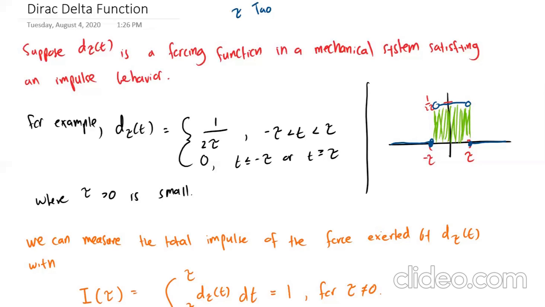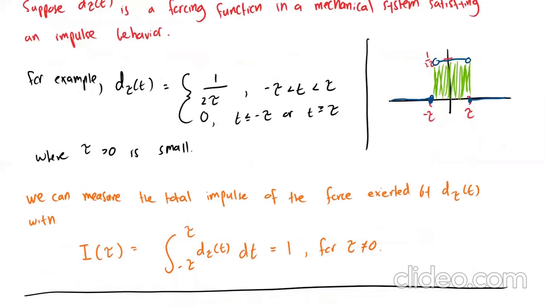Well, just calculate the integral from negative tau to tau of this function. It's 0 outside of that interval, so we could do negative infinity to infinity, but it's just going to simplify to this integral here. And again, this is a measure of the magnitude of this force acting over this period of time. We define this integral, this measure of the force, as I of tau. It's just measuring the magnitude of the force. And you can verify, I'm not going to calculate the integral, but you can verify that it's equal to 1.